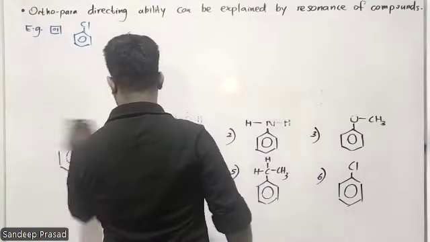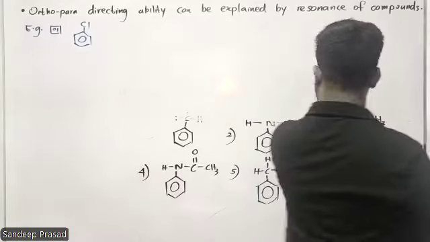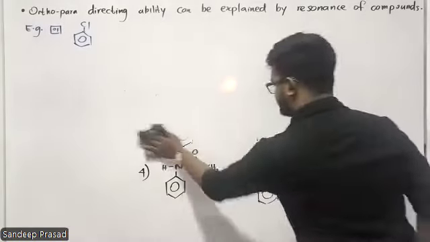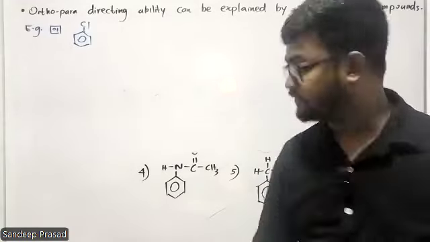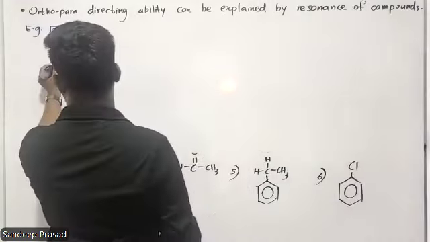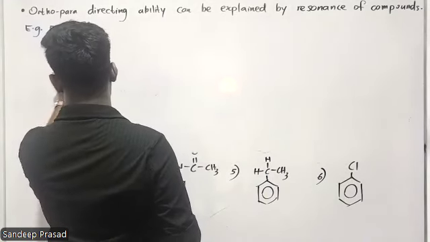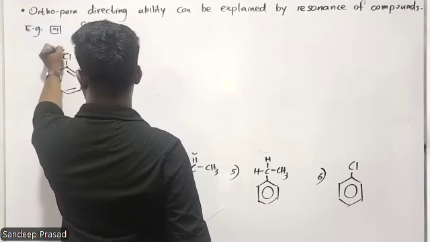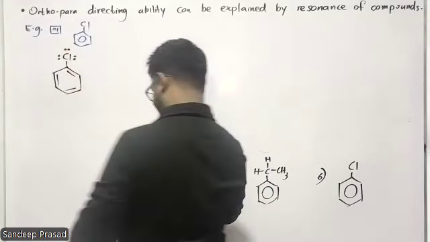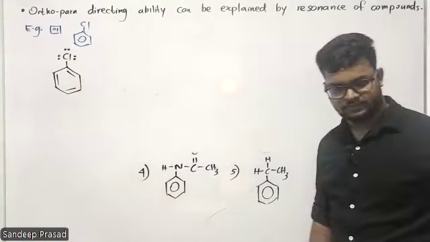How it can show the ortho-para directing ability. Let's see. Students, now look at this one very carefully. Listen to this one very carefully. We know that chlorobenzene is a compound like this. It's having 3 lone pairs, right?